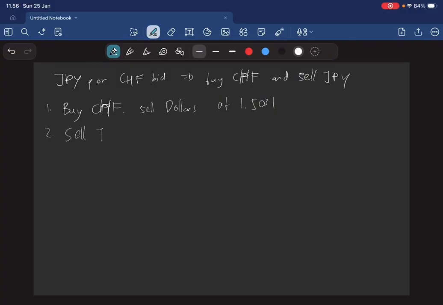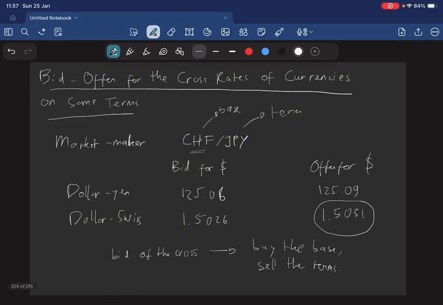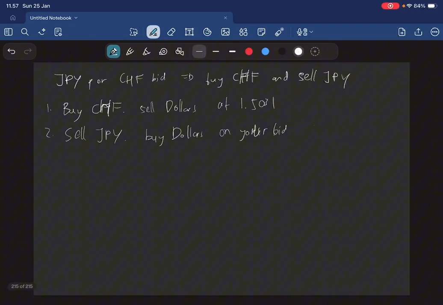Second, sell Japanese yen. Again, as the trader, when selling Japanese yen, you buy dollars on your bid. So we buy dollars at 125.06.